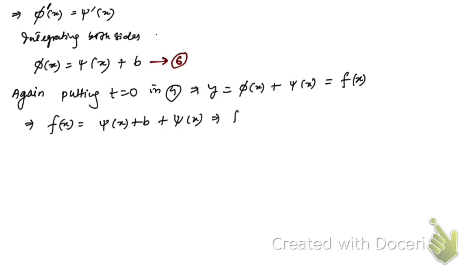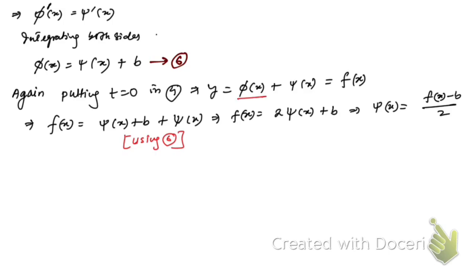So this implies f of x is equal to 2 psi of x plus b. That's what we're gonna have, and this implies psi of x, if you simplify this, is f of x minus b divided by 2, right? Now let's put this value. Here I forgot to write, using 6, because I have put this value in this one here from equation number 6, right?